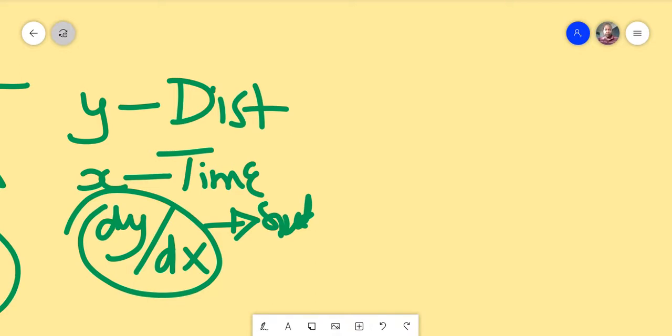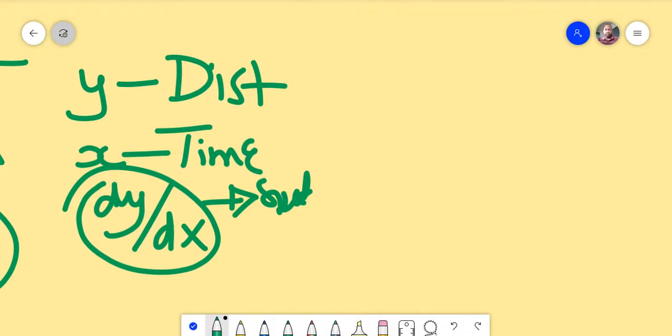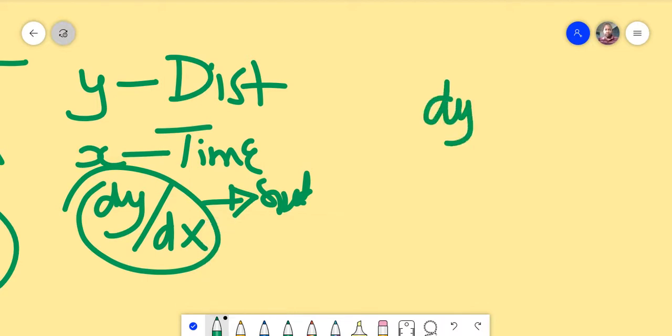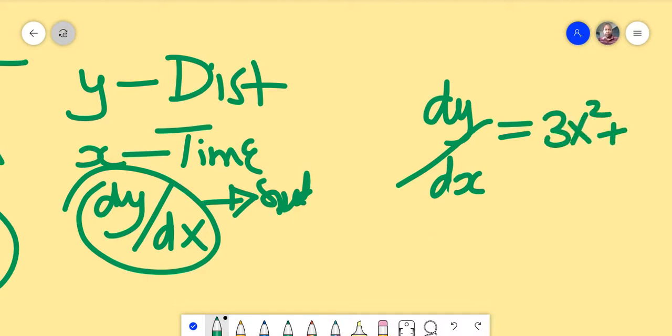Yes, it's not an equation, but what it means is that a differential equation, of course, must have an equal sign, and it must be in the form of dy over dx is equal to, let's say, 3x plus 5x. So that's a differential equation.